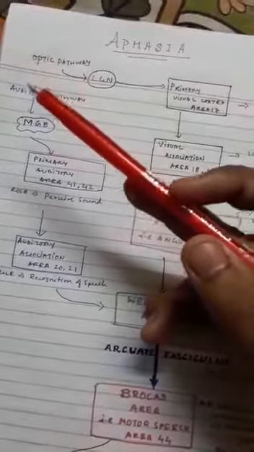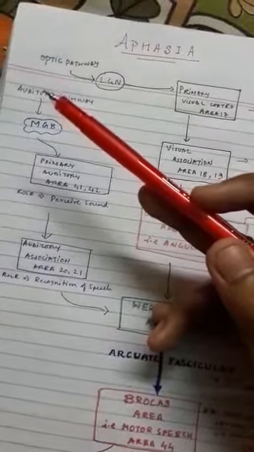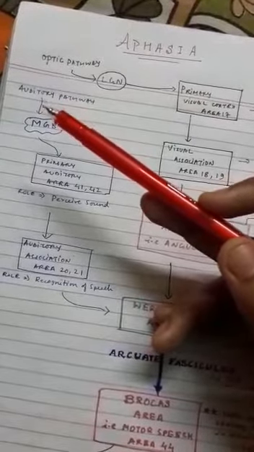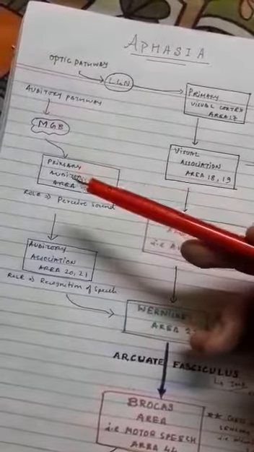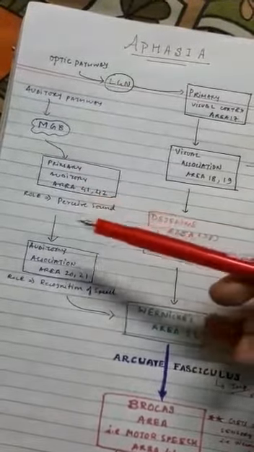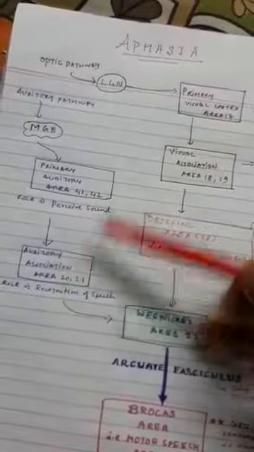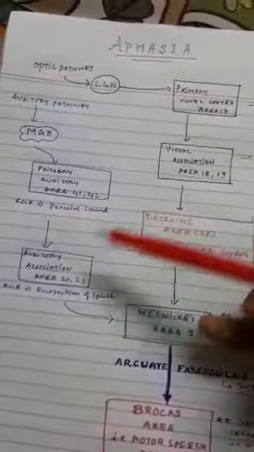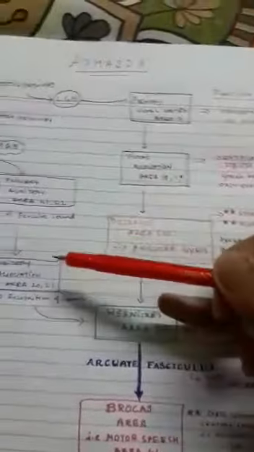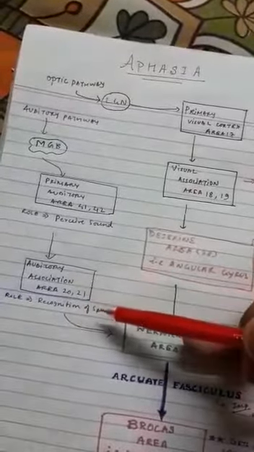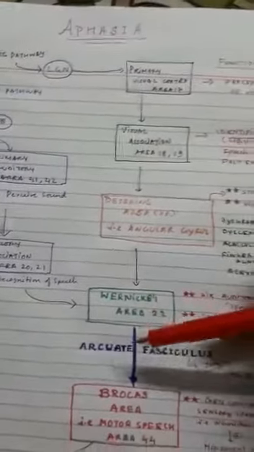It starts from the 8th nerve, cochlear nucleus, superior olivary complex, then the inferior colliculi, and then it comes to the medial geniculate body, and then it goes to the primary auditory area 41-42, and their role is the same, it perceives sound, just as the primary visual cortex perceives the visual impulse. Similarly, here recognition of speech occurs in the auditory association area, and then it passes to the Wernicke's area.